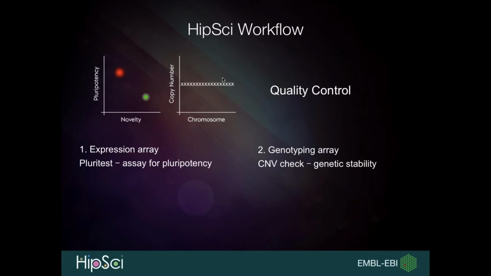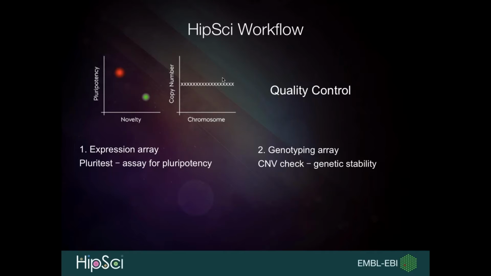It takes the data from the expression array and it looks at whether the expression profile of the cell is characteristic of an iPS cell type, and it gives it a score. So a higher number means that that cell type scores highly as having an expression profile of an iPS cell type.